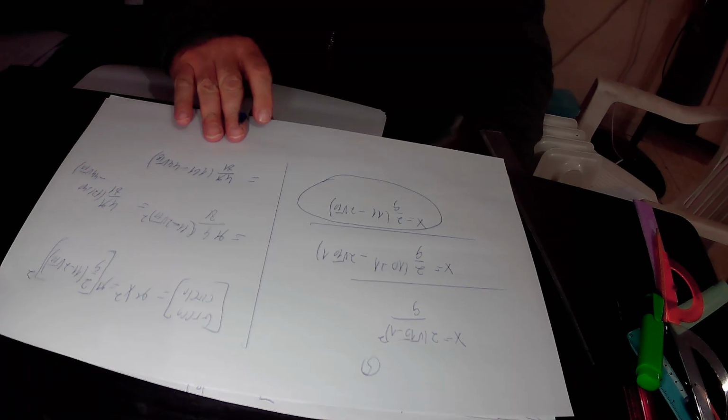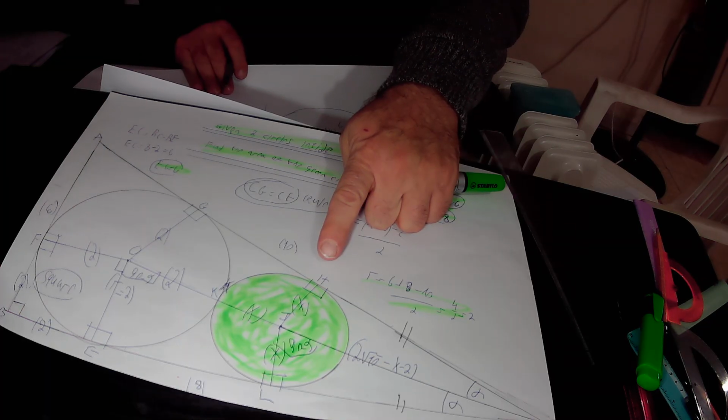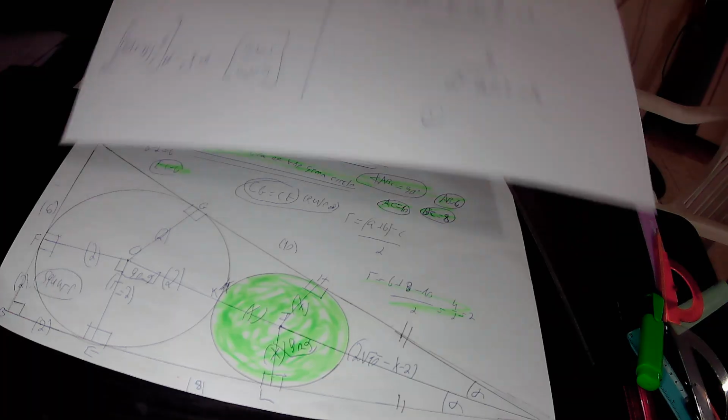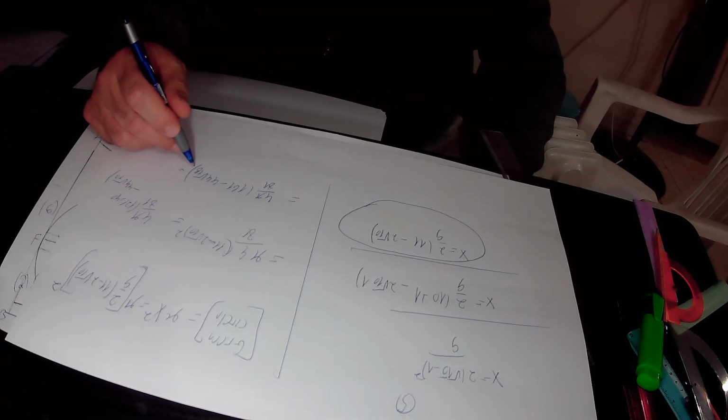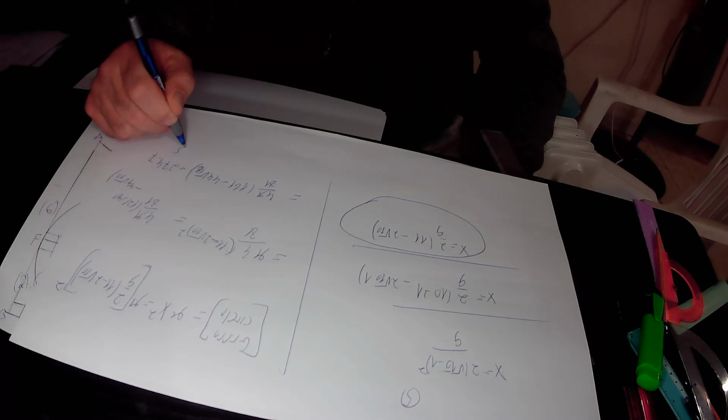Again, the area of this green circle equals in total 4π over 81 times (161 minus 44 times square root of 10). In terms of numbers, it equals 274.7 square units in size.